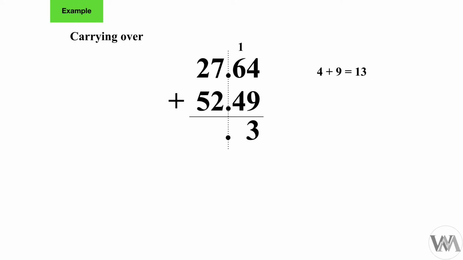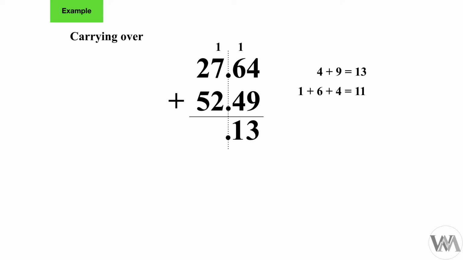Now we need to remember, moving on to our second place value, we need to add that 1 that we carried over as well. So now we're going to have 1 plus 6 plus 4 equals 11. Look at that, a number greater than 9 once again. So now we are going to carry over the 1 to our next place value and write the other 1 in our answer, in the current place value's place.